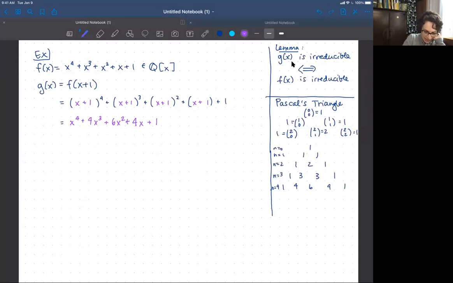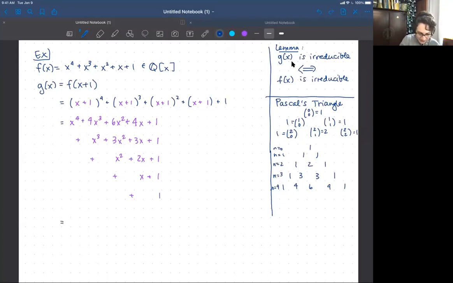And then I'm going to expand out the x cubed, and I'm going to get x cubed plus 3x squared plus 3x plus 1. I'm going to expand out the x squared, and I get x squared plus 2x plus 1. And then I get x plus 1. And then I have my last lonely leftover 1. So let's see what we get when we actually add all of this up into our new polynomial.